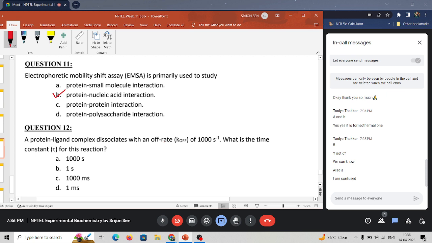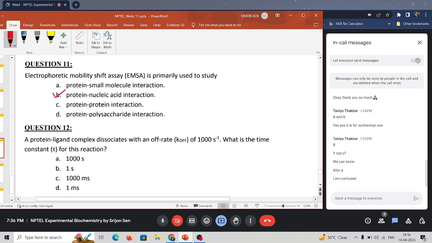If it is a protein protein interaction, then you can do a normal PAGE. But EMSA is a process where you are actually tagging your nucleic acid, and then making that interact with your protein. That is the first thing.